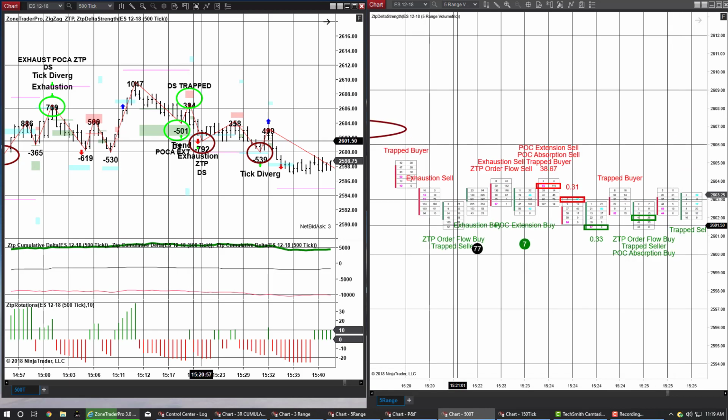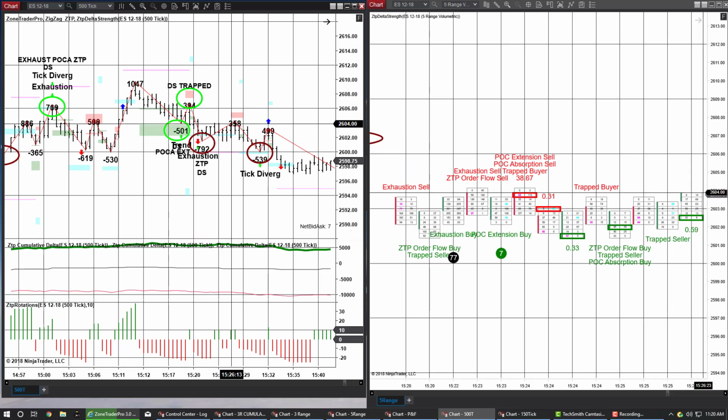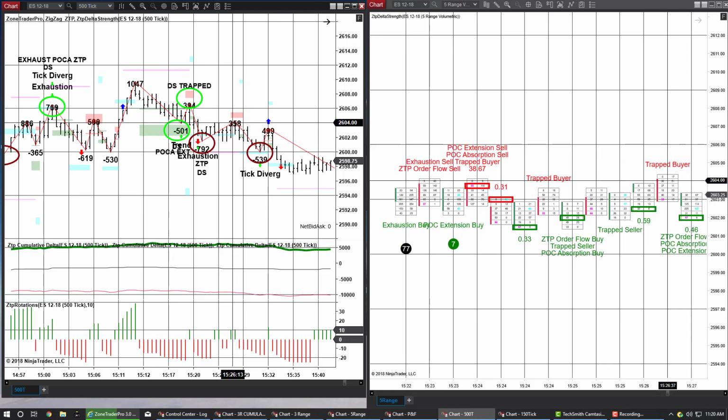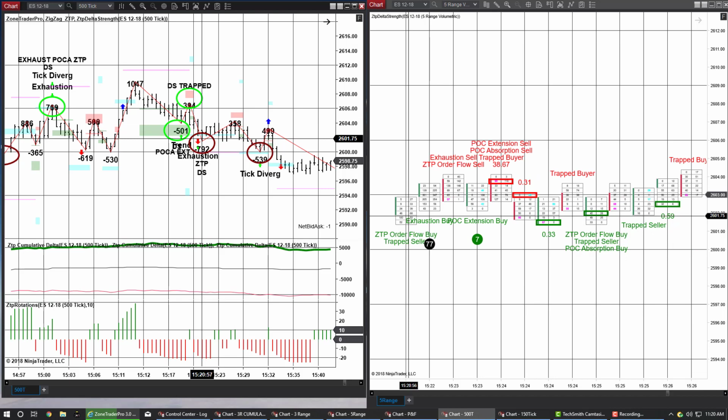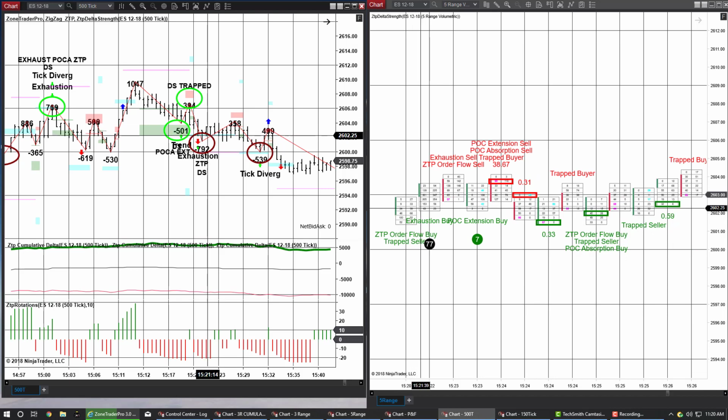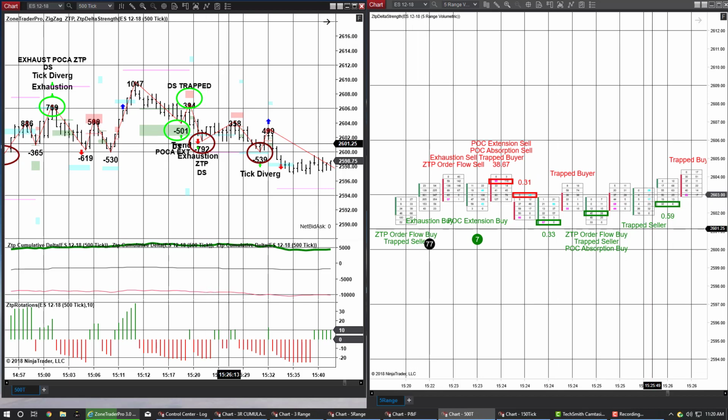Down here at this exhaustion trade, I marked that in red because the market had traded over 4 ticks through the blue zone before the order flow had come in. And while we did have order flow here, as we traded up to here, we saw delta strength on the point and figure chart. So this whole exhaustion trade really looks kind of like a mess.